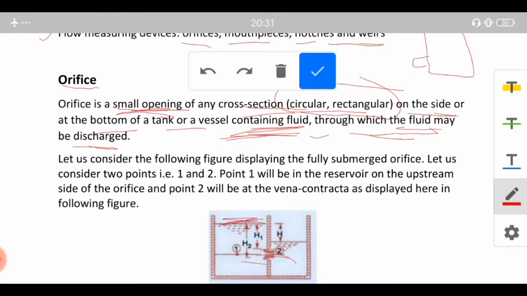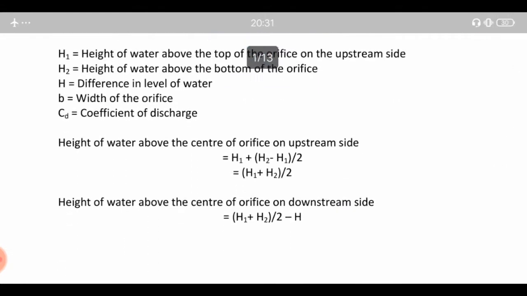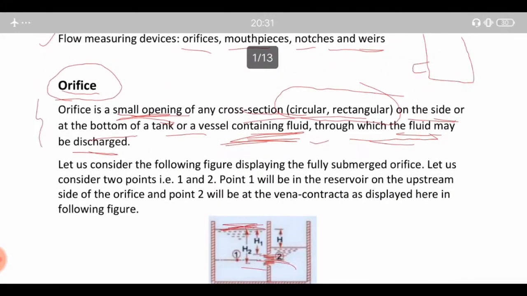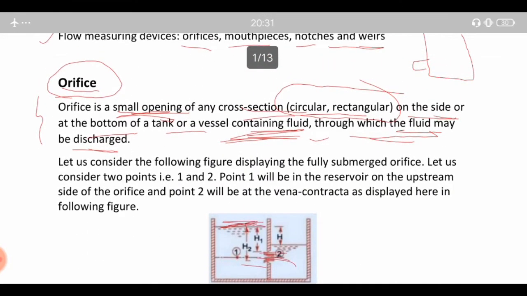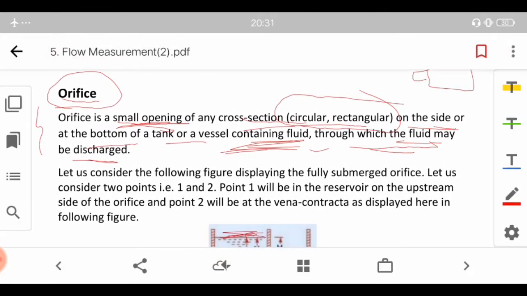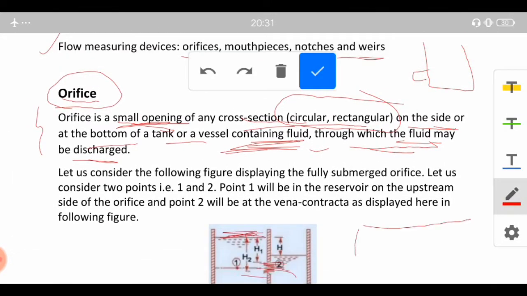So one difference you can see is that the orifice can be used for flow regulation, whereas orifice meter is used for flow measurement. There's one more difference, that the orifice meter is in a particular cylinder like this which contains a throat and various parts, whereas orifice is just a small opening.